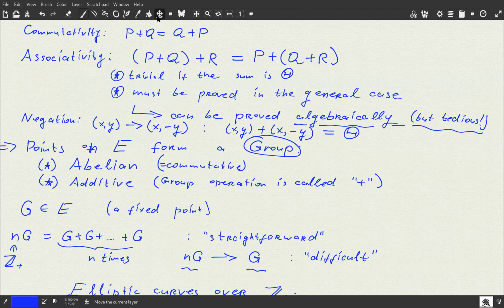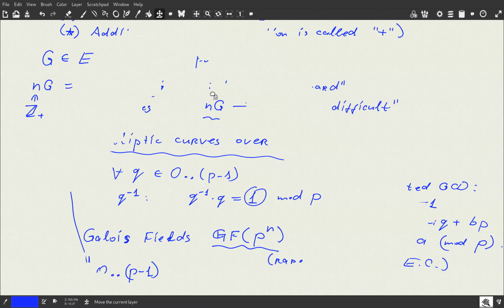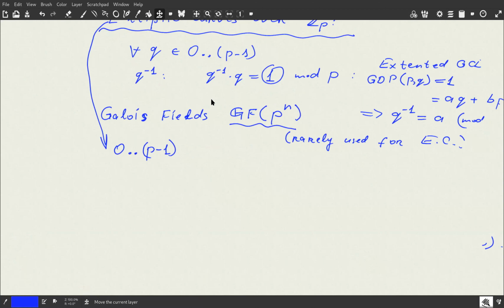So for large p, if any x is mapped to any y, then we would have roughly at most p squared points, right? P squared. But because it is still a curve rather than a two-dimensional area, we wouldn't expect a square number of points. Rather, I would still expect a linear number of points in p.